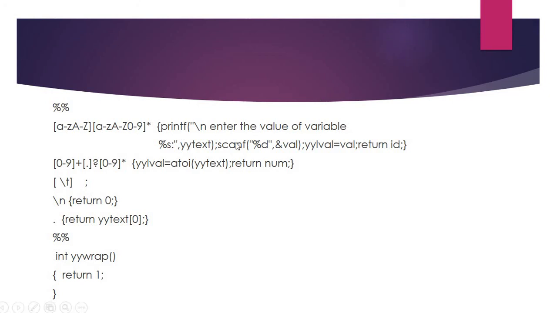If it is an identifier, then we have to read the value of it. That's why the scanf statement is used here. Using the value variable, we read the value for that identifier, and that value is stored in yylval. That will be passed from the Lex program to the Yacc program. That's why it is an external variable which can be used in the Yacc program also.